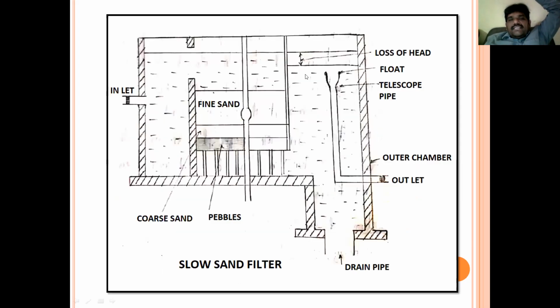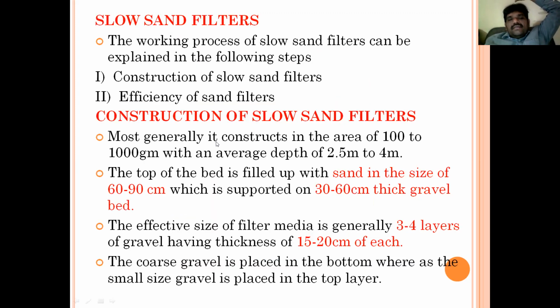See here, it is the coarse sand, of course, gravel or coarse sand followed by pebbles. The top sand layer is supported on the gravel bed. Understand? The most effective size of filter media is generally 3 to 4 layers of gravel having a thickness of 15 to 20 centimeters each.